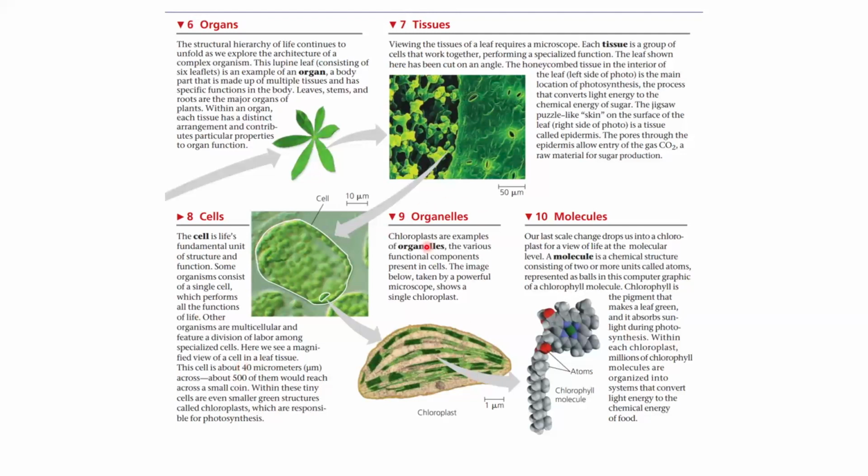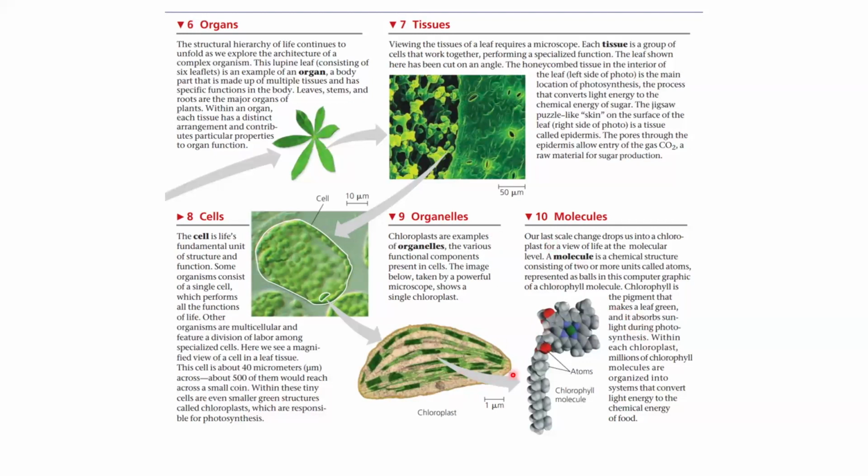But we can still continue zooming in. Inside the cell, we have organelles. Just as we as humans have organs inside our body, inside the cell, they have organelles. We're going to dive a little bit deeper on those in a later lecture.